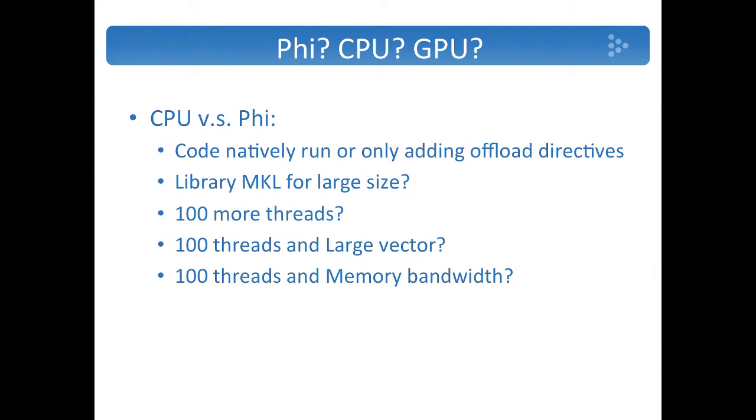Also, if your program uses memory a lot and really needs a very wide memory bandwidth, you can try Xeon Phi. Well, that's the choice between Xeon Phi and the CPU. Let's move on to the next.